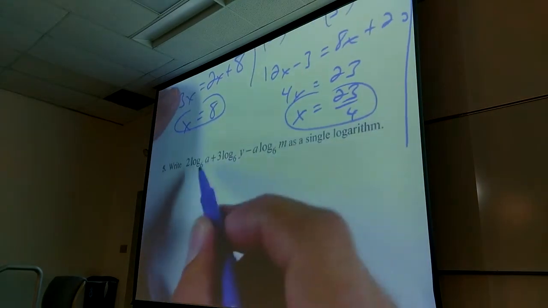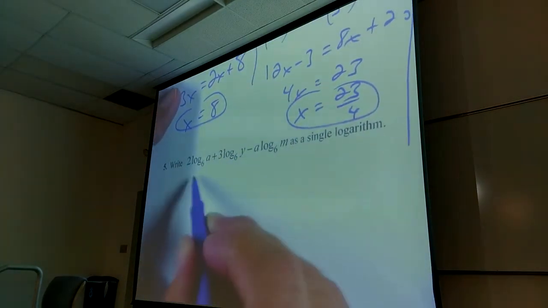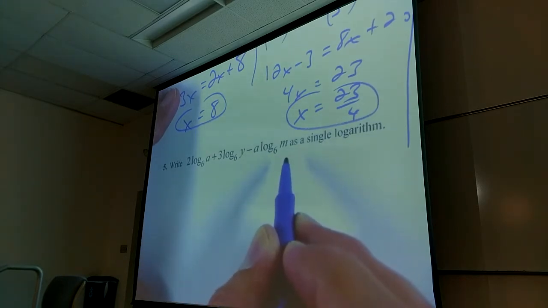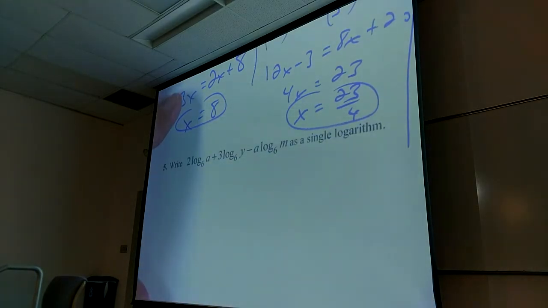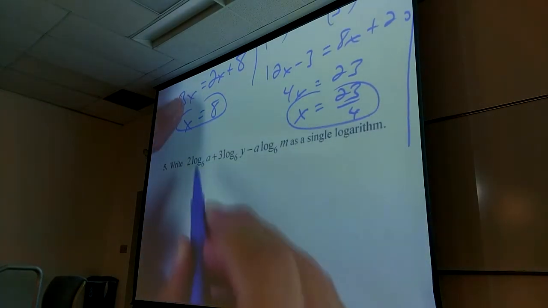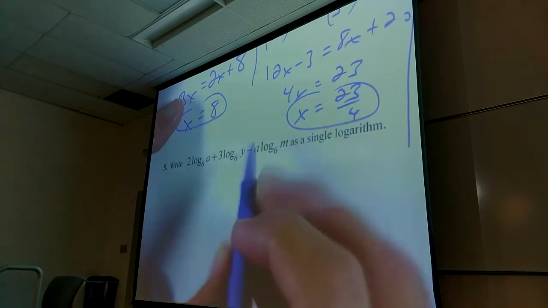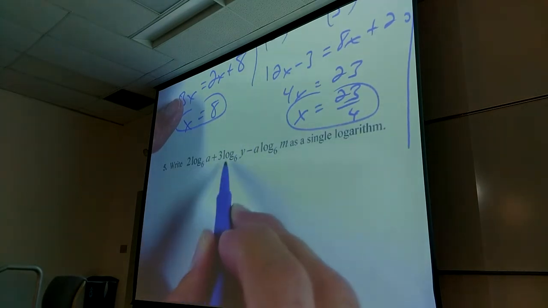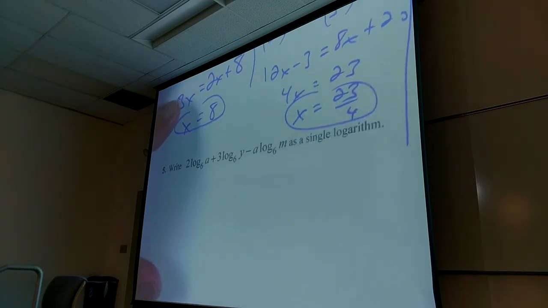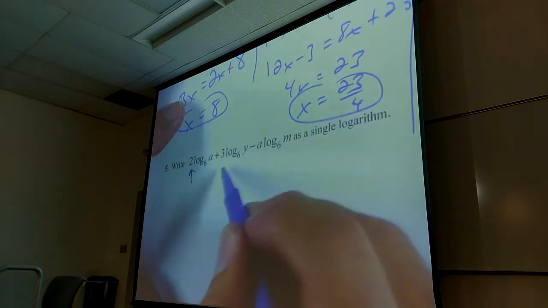All right, so what's the first thing I have to do on this one? I don't have any property about 2 logs plus 3 logs. There's no property about that at all. But there is a property about log plus log. So what's in my way is these coefficients.